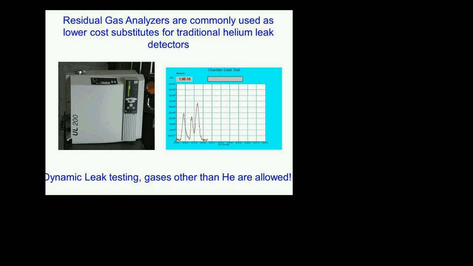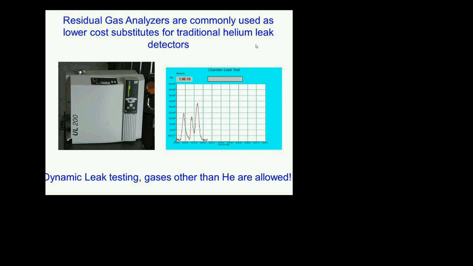The other thing I wanted to mention as well: residual gas analyzers directly immersed into a vacuum system are also excellent helium leak detectors. So those of you that are used to bringing a helium leak detector to your vacuum system might want to consider not doing that anymore if you already have a residual gas analyzer mounted to that vacuum system.